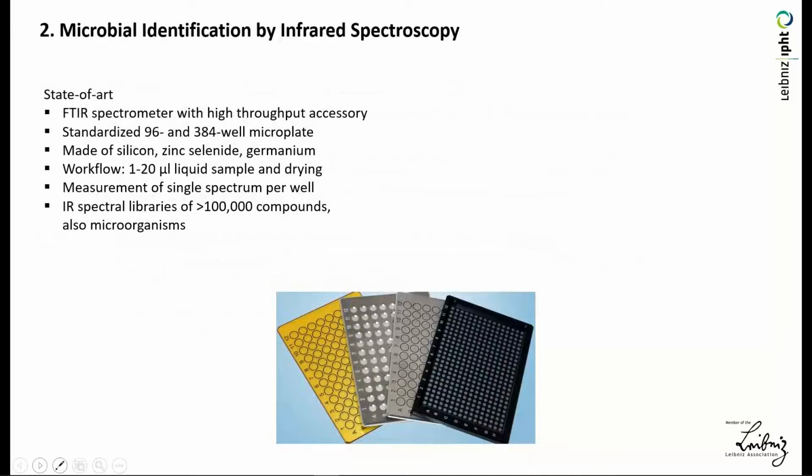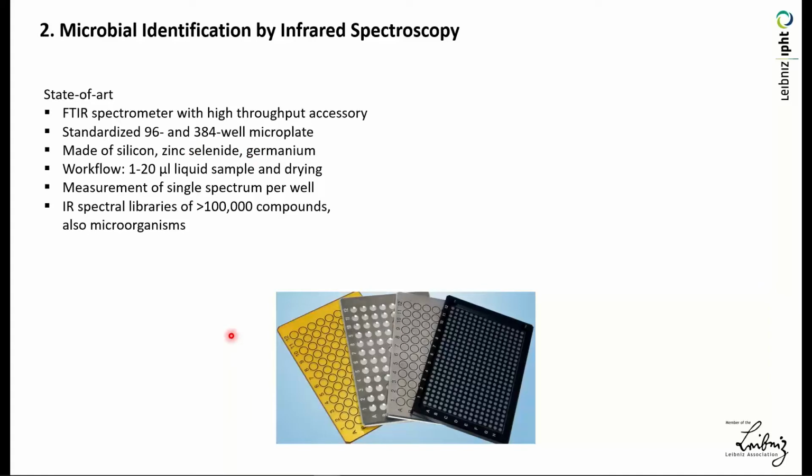The first topic is microbiome identification by infrared spectroscopy. The state of the art is that an FTIR spectrometer is connected to a high throughput accessory. Then standardized 96 and 384 well microplates can be used, and for infrared spectroscopy, these microplates are made of silicon, zinc selenide, and germanium, and some of them are shown here at the bottom.